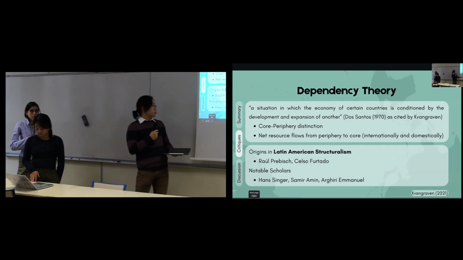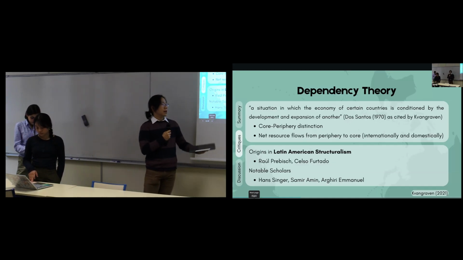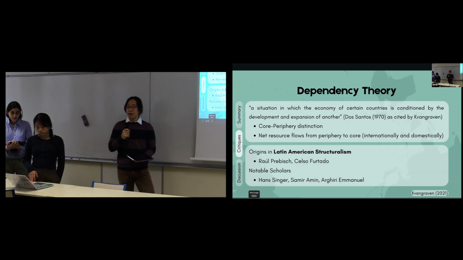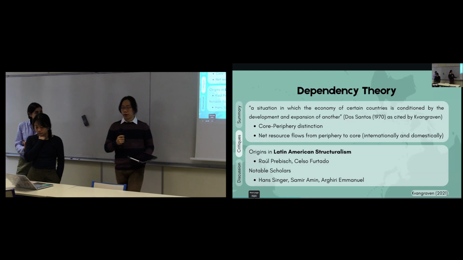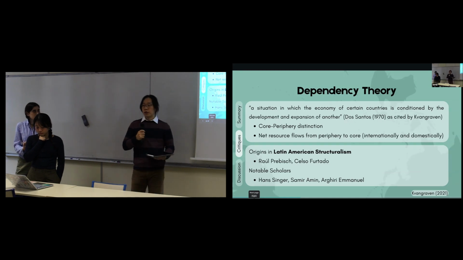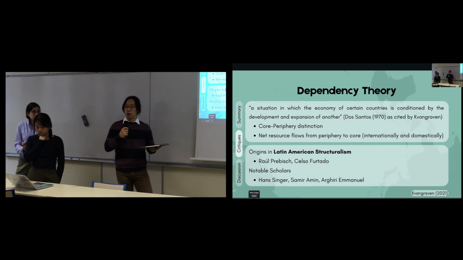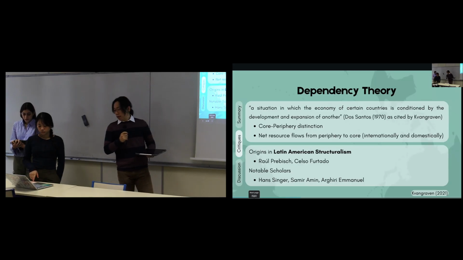And then when we get to thinkers like Amin and Emmanuel in the 1970s, this is where unequal exchange theory starts to appear, with thinkers like Amin doing a more empirical look at real wage differences between the core and periphery.